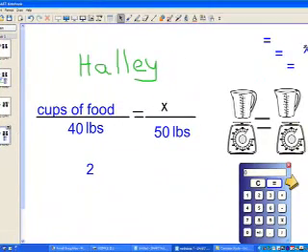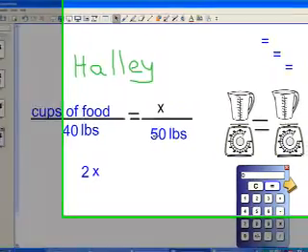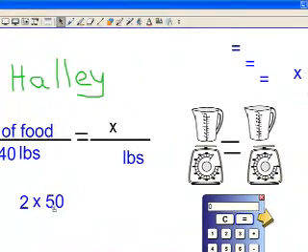and we're going to multiply that times 50. That's going to be equal to 40 times x.